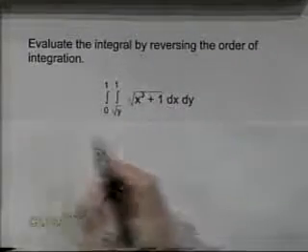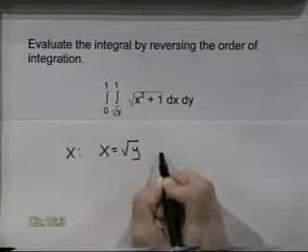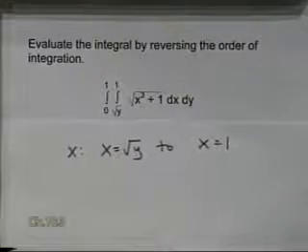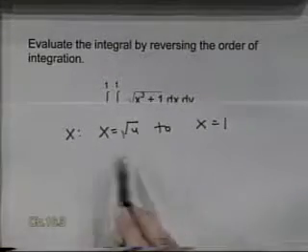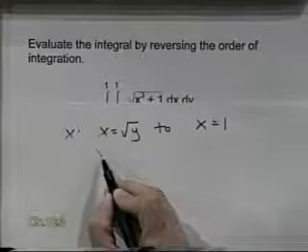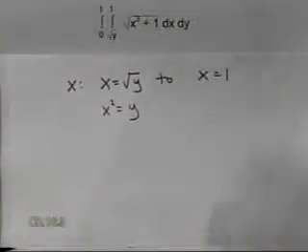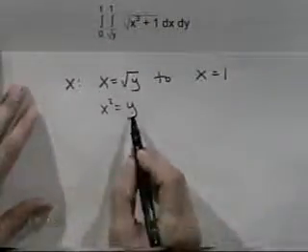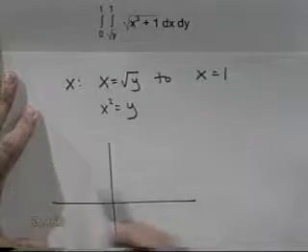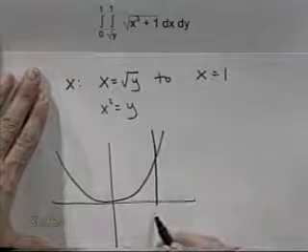But if you notice, if you change your order of integration, right now your x is ranging from x equals square root of y to x equals 1. Most of you have no clue what x equals square root of y looks like. How can you find out what it looks like? Square it. So we're going from y equals x squared to x equals 1.